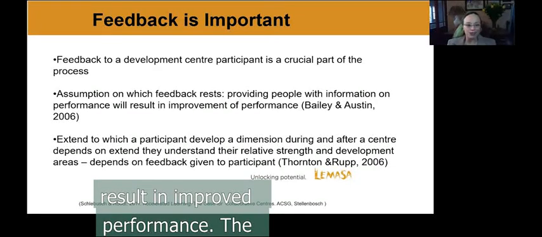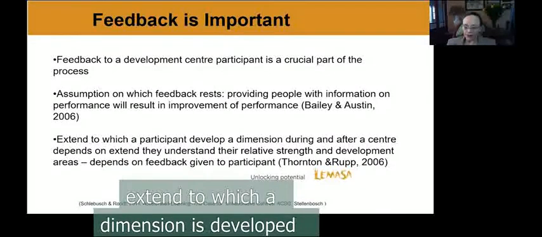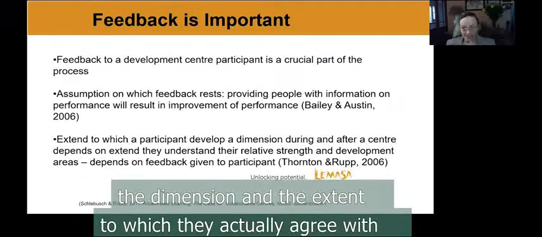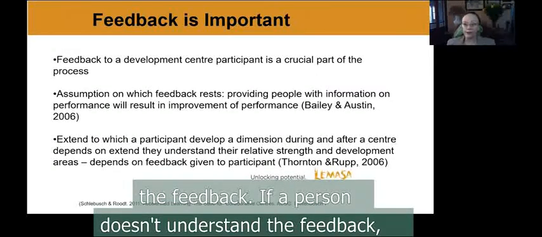That is an assumption. For that assumption to become reality, it depends on the extent to which the participant understands the feedback and the extent to which they actually agree with the feedback.